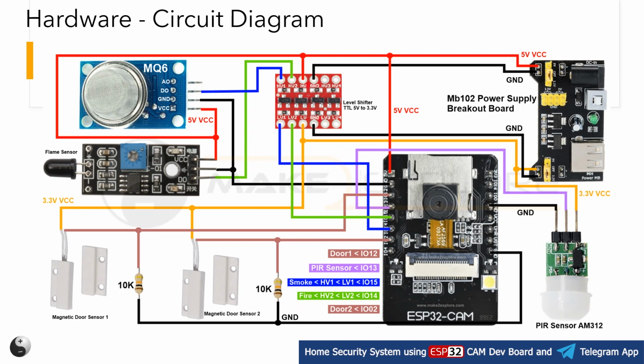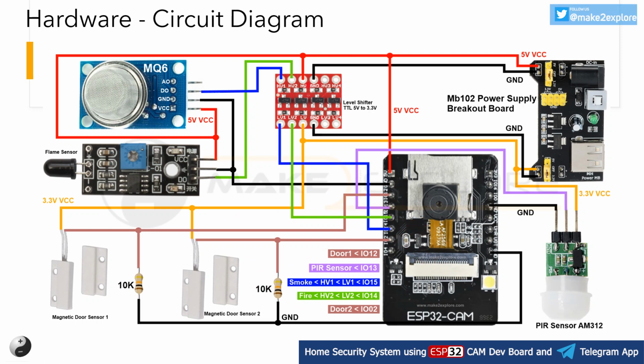So we have seen earlier that we have used a level shifter module here. This level shifter module is required because the MQ6 and flame sensors operate at 5 volt and give output at 5 volt, but the ESP32 CAM development board's pins are not 5 volt tolerant.